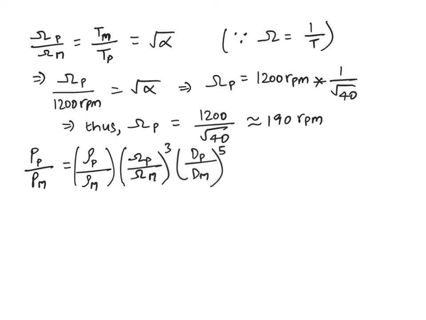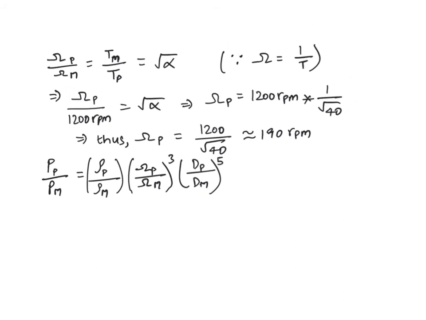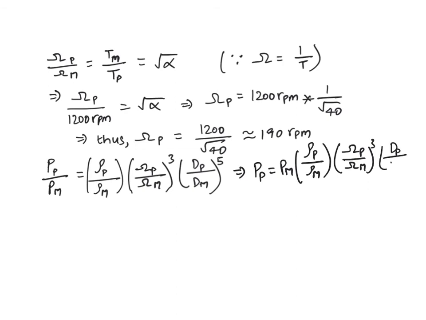Then we substitute them back into the equation, and after rearranging, we do the math, which implies P of P would be equal to PM times rho P by rho M multiplied by omega P over omega M whole cube times dP over dM whole raised to the power of 5.